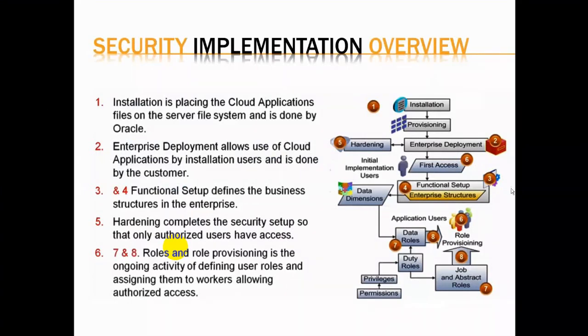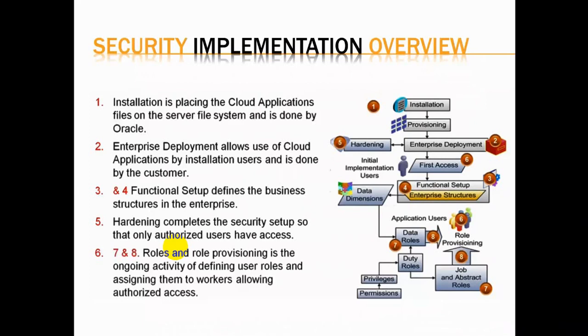Right, so once the enterprise structures are set up with the implementation users, it means the skeleton is ready. Once we have the skeleton ready, typically we need to start our real implementations. If you want to implement finance, then we have to start general ledger implementation, accounts payable implementation, accounts receivable implementation.